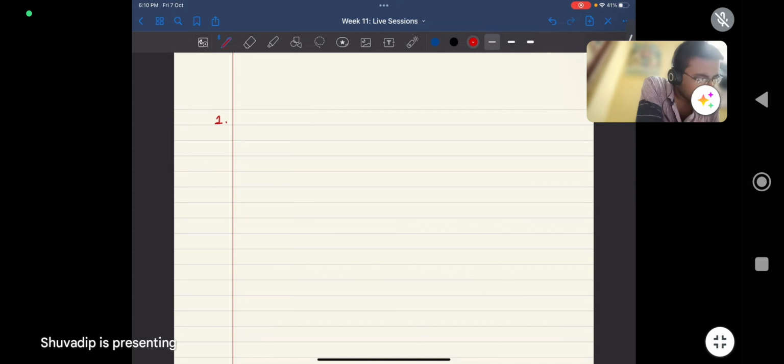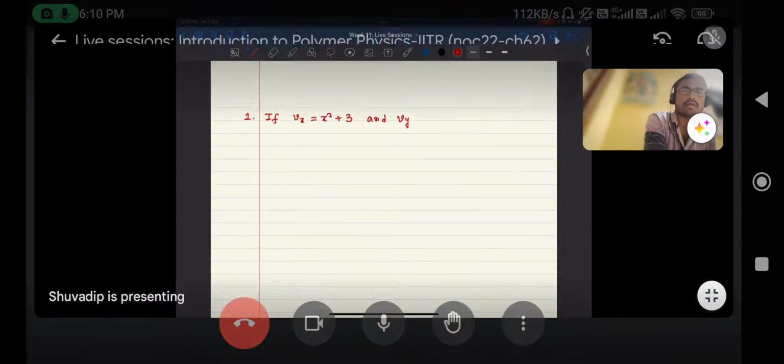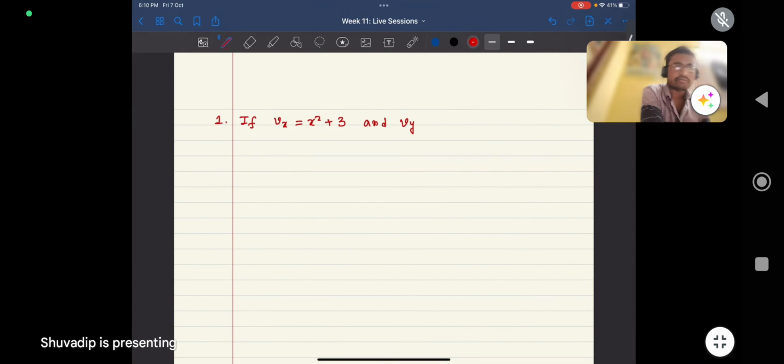So if Vx is equal to x square plus 3 and Vy is equal to 2y plus x for a Newtonian fluid, then sigma xy is what?